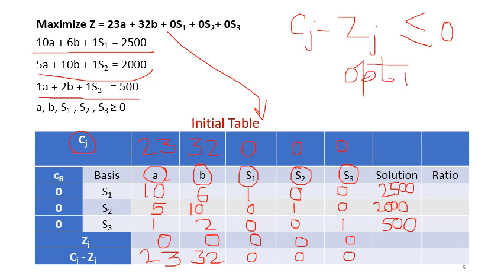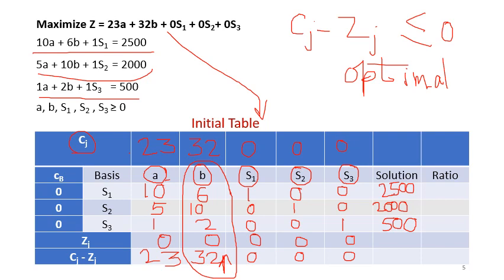This is the condition for optimality: Cj minus Zj values should be less than or equal to 0 for a maximization problem. But here you can see Cj minus Zj values are all 0 or positive, that is, Cj minus Zj is greater than or equal to 0. So this solution is not optimal. Now what do you have to do? You have to see which is the highest positive value here. The highest positive value corresponds to this particular column.